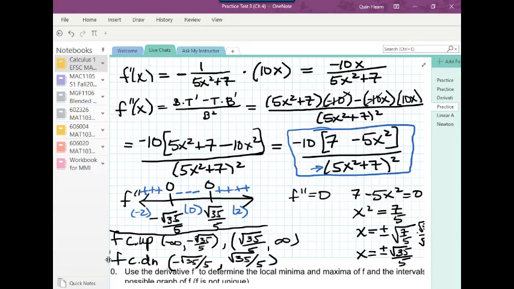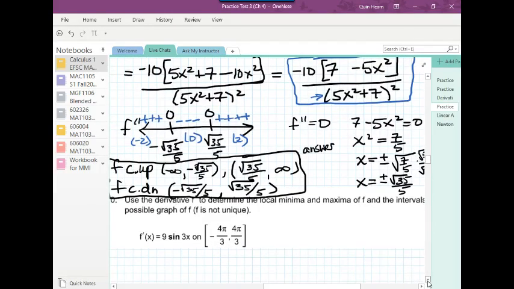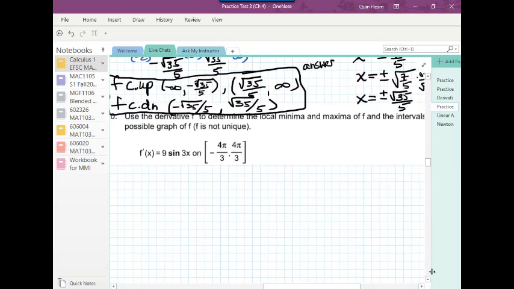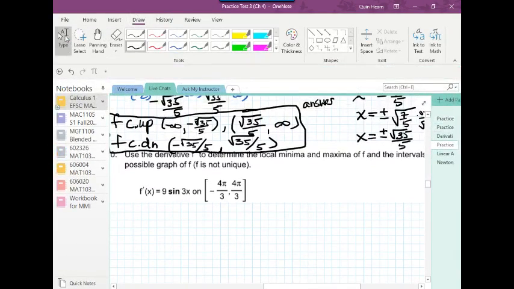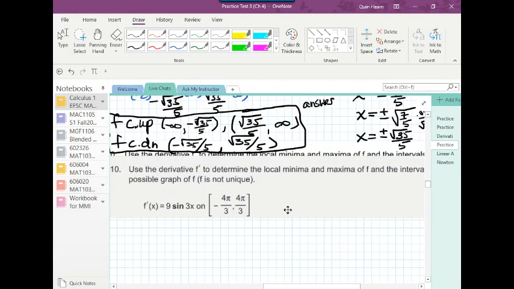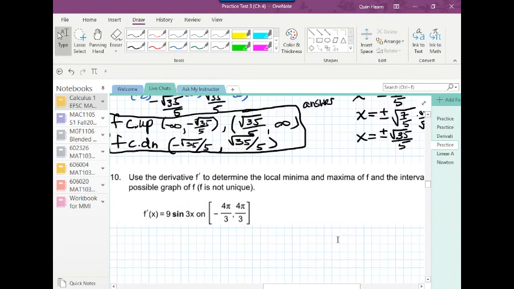So we have that the original function f is concave up, like a cup, on the intervals where f double prime is positive. Negative infinity to negative square root of 35 over 5, and square root of 35 over 5 to infinity.